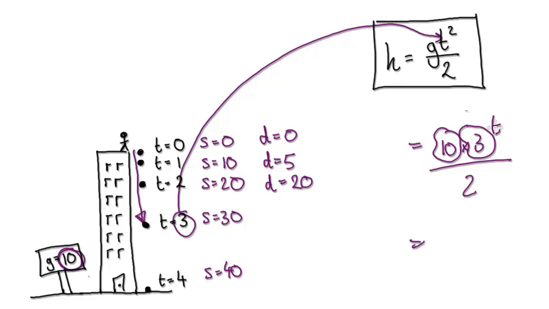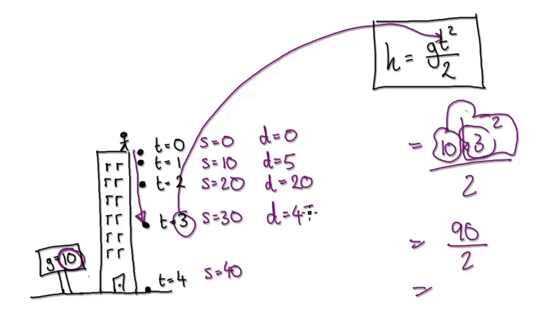This thing here should be squared because of this thing here. So 3 squared would be 9. 9 times 10 would be 90. So the numerator would be 90. And then 90 divided by 2 would be 45. So the distance traveled would be 45 meters. So this distance here is 45 meters.